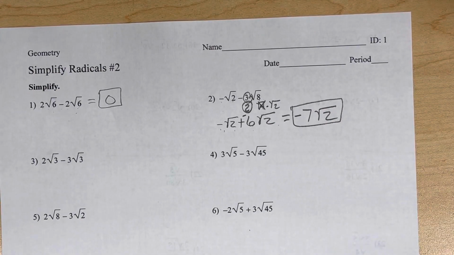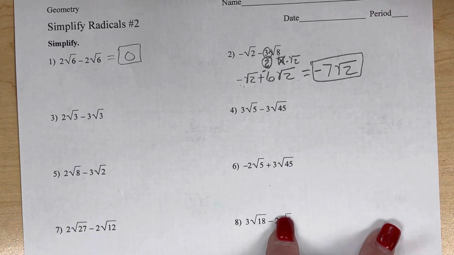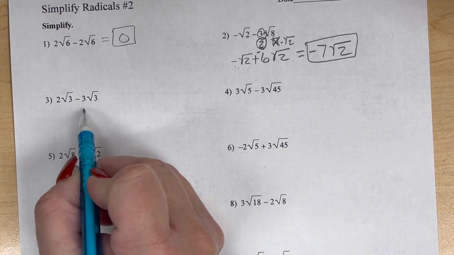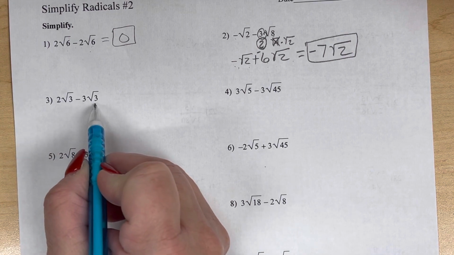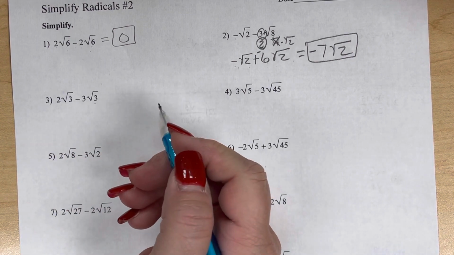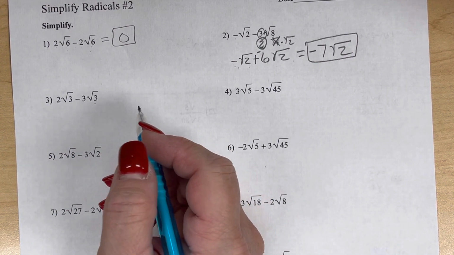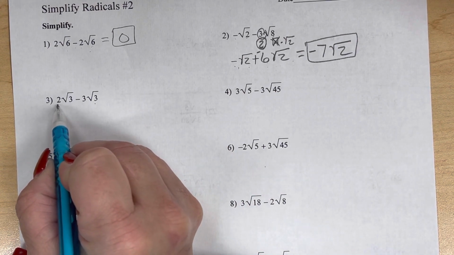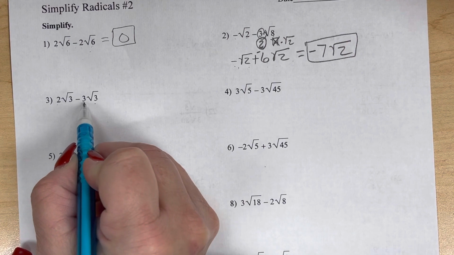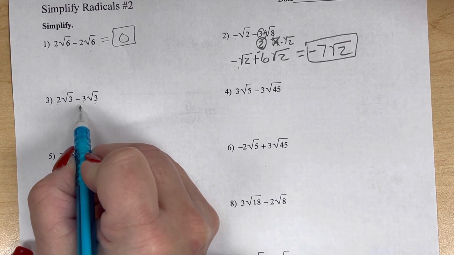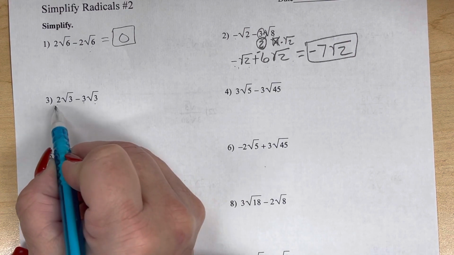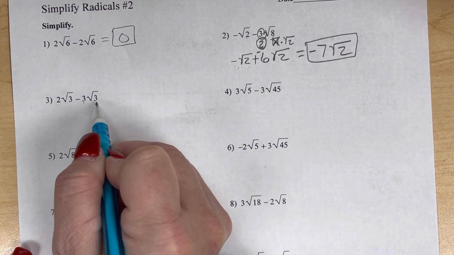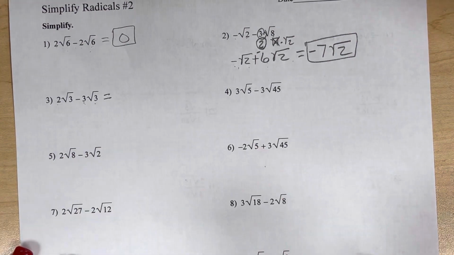I'm going to do one more, and then you'll do the rest of the adding and subtracting on your own. When I take a look at this one, I see square root 3, square root 3. Those are considered like terms. So I have a positive 2, and then I have a negative 3. 2 minus 3 is obviously going to give me a negative 1.